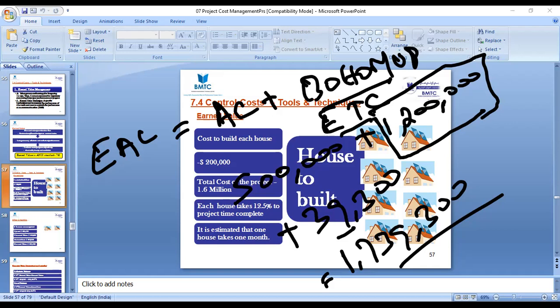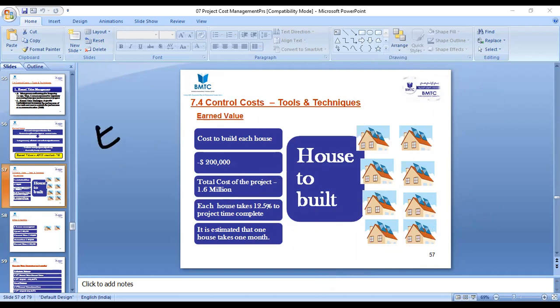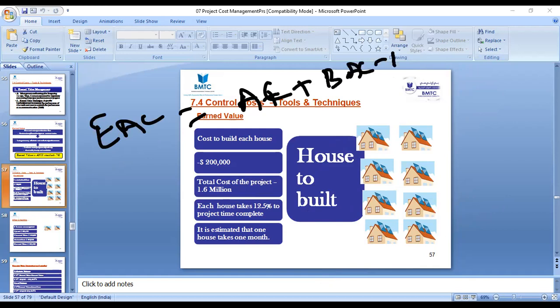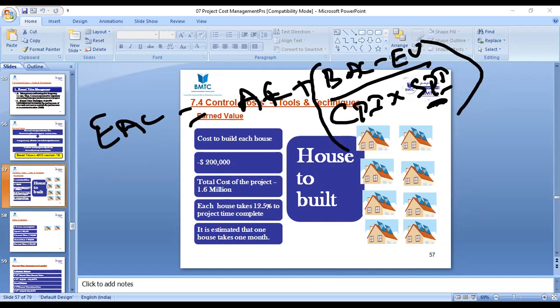Now what happened here? The last formula for EAC is like this: actual cost plus BAC minus EV divided by CPI multiplied by SPI. This is the only forecasting technique formula that brings in the schedule performance. They are asking you to predict a new estimated completion, factoring in the SPI also.